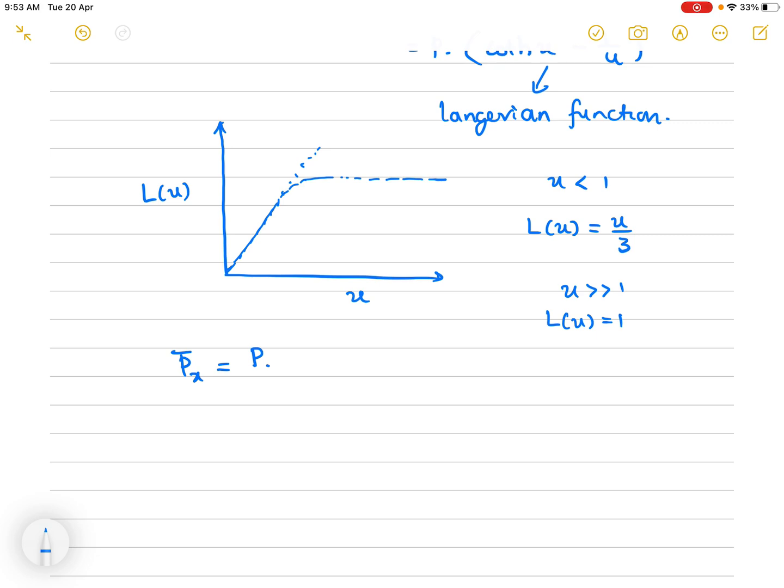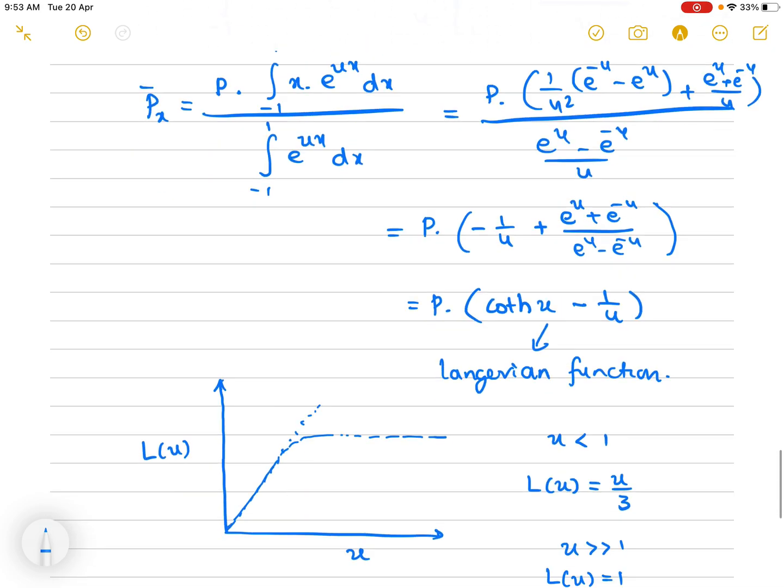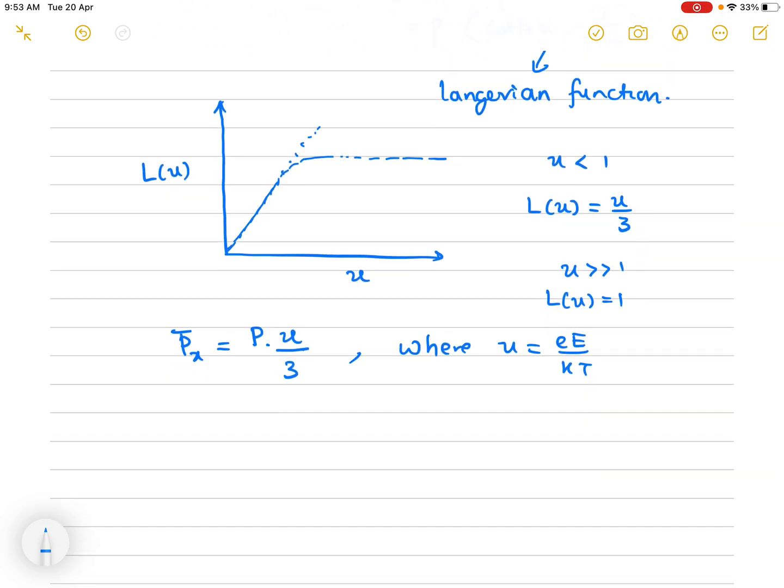Sorry, pE by kT. So we can write this as pE by 3kT, and therefore the x component of dipole moment is p times pE by 3kT. So we get p square by 3kT times E.